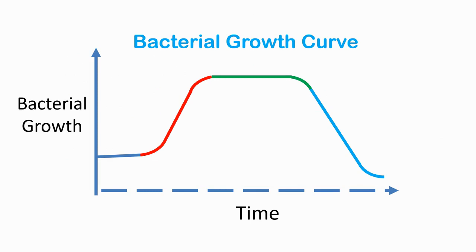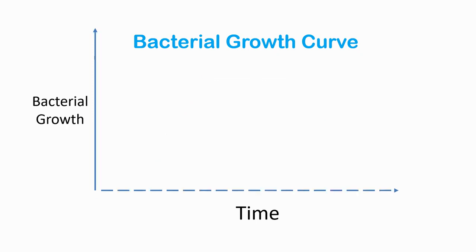In reality, a population of bacteria does not double endlessly. Numerous factors prevent the cells from continuously dividing at their maximum rate. A population typically displays a predictable pattern or growth curve over time. The first phase of bacterial growth is slow and hardly noticeable.